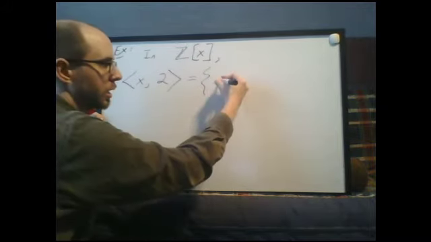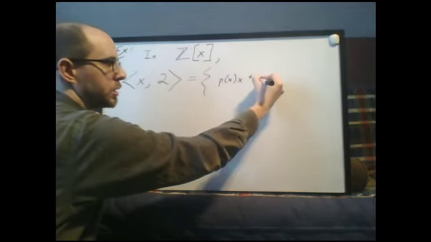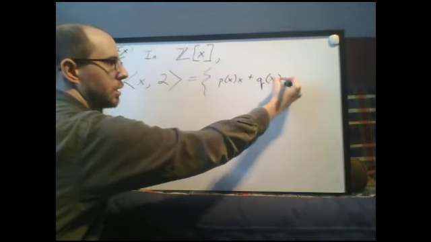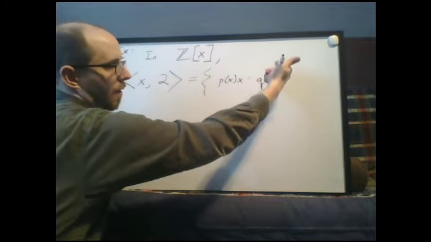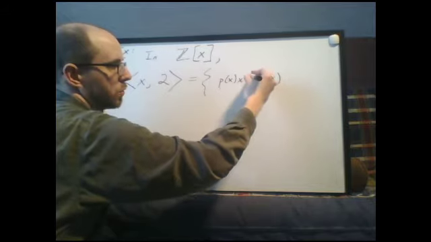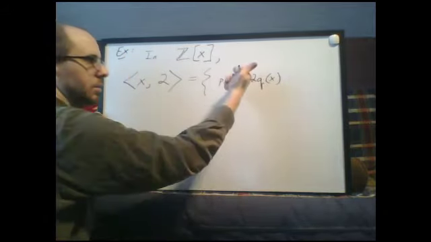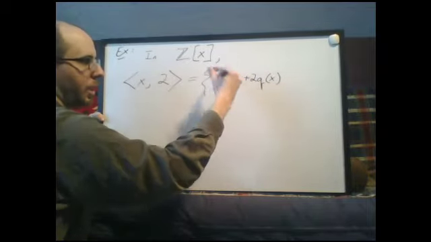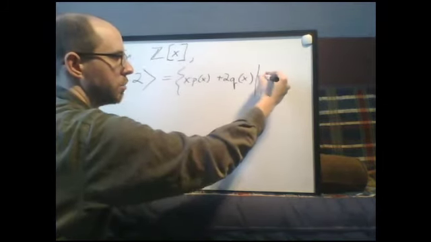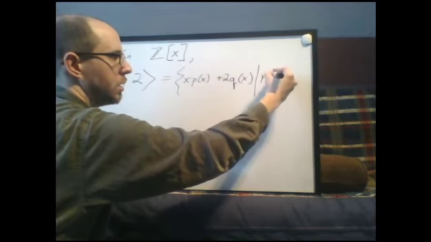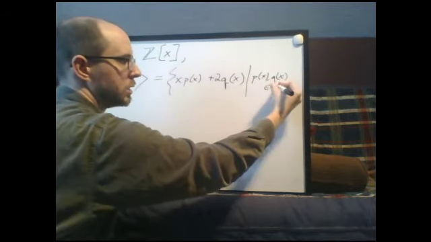So this would be like p of x times x plus q of x times 2, so x times p of x plus 2q of x, where p and q are elements of Z[x].